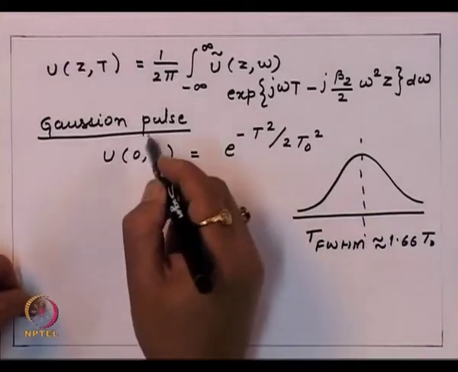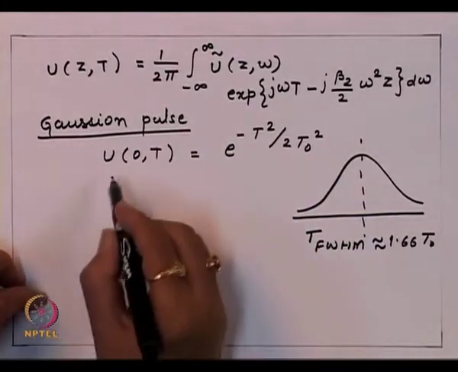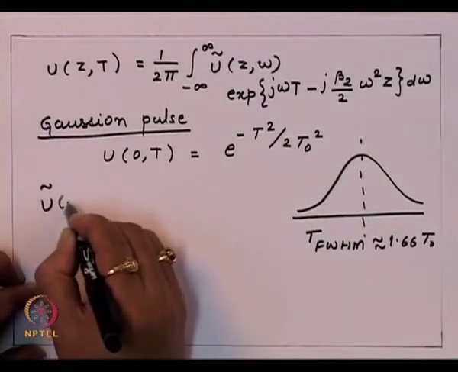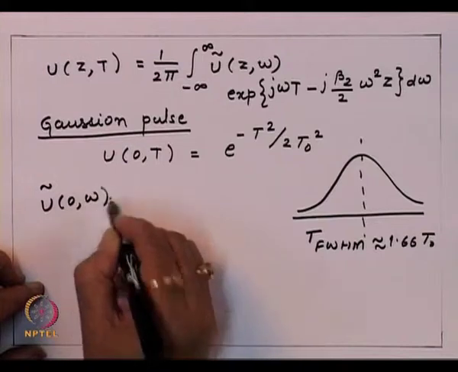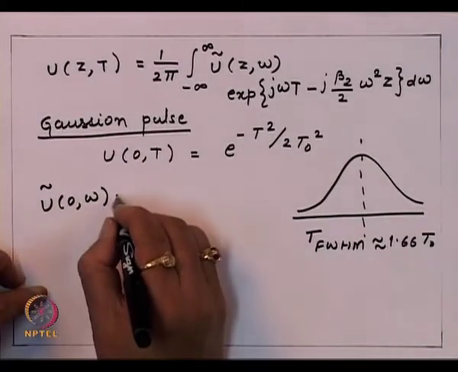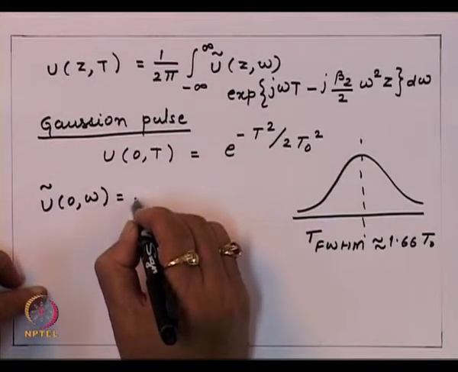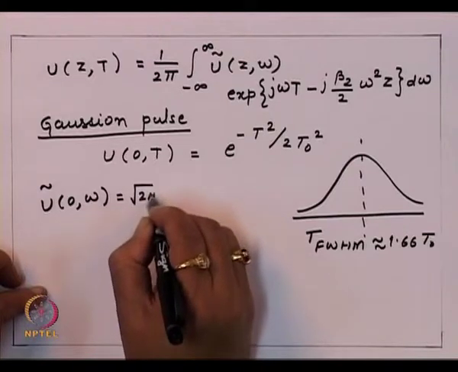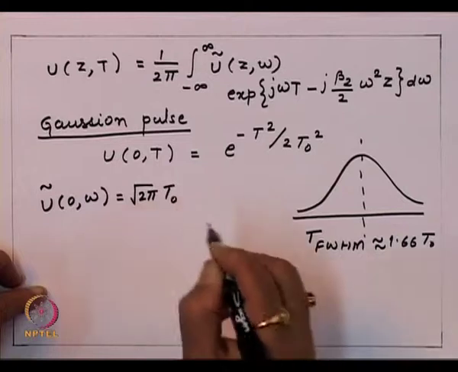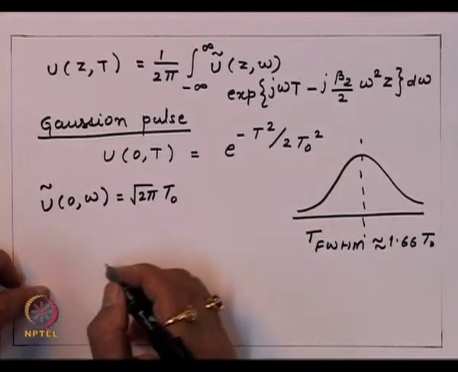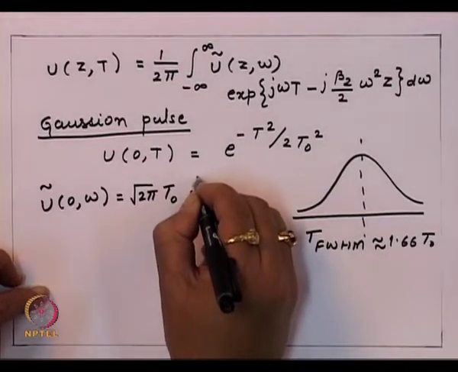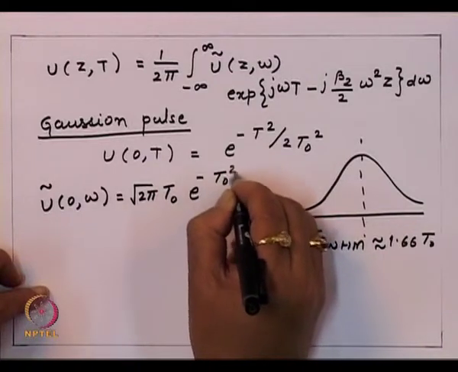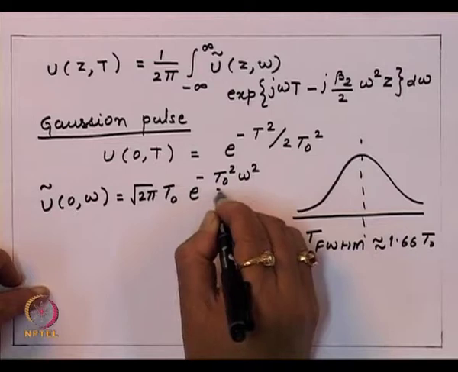Since we have to take the Fourier transform of the pulse, the Fourier transform of this, which is u tilde 0 omega, is equal to root 2 pi t 0 e to the power minus t 0 square omega square upon 2.